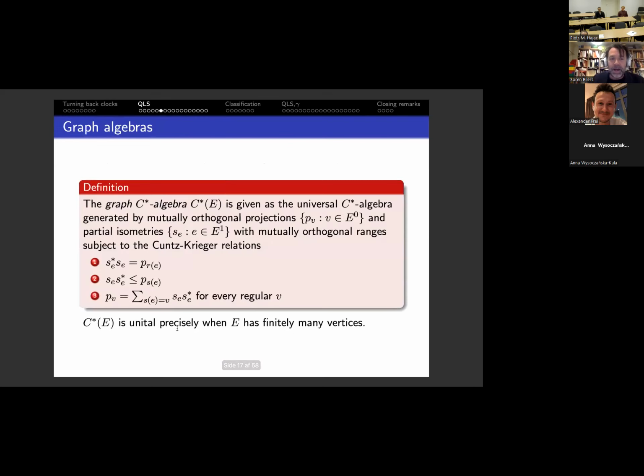And now the graph C-star algebra is the universal C-star algebra generated by a bunch of generators and relations that you read off from the graph. This goes back to Cuntz and Krieger and has been refined over the years.